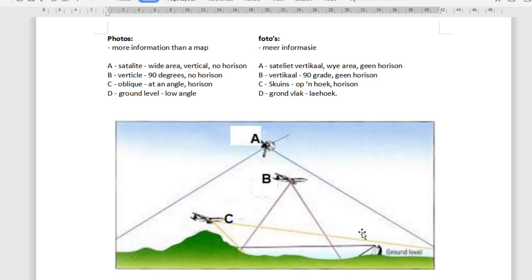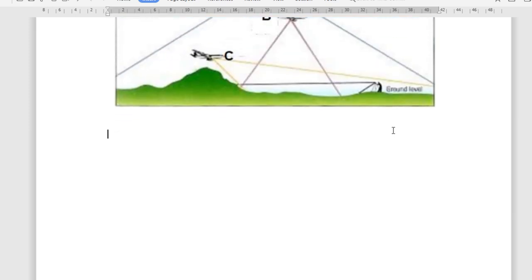Okay, so dit is dan die kaarte. Now we get something that's a cross between a map and a photo. Orthofoto.